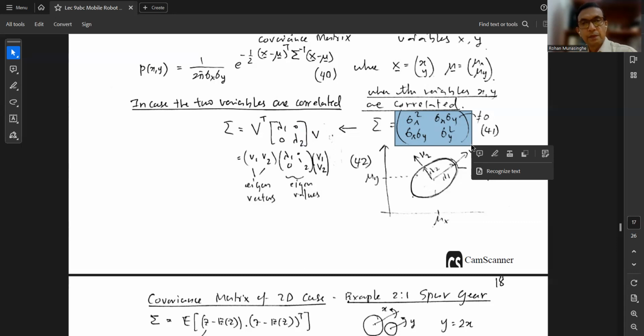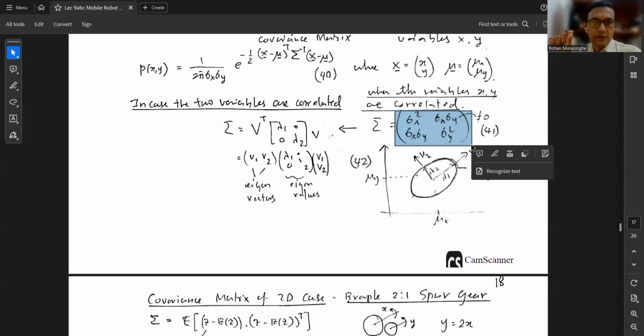And this is what is called the eigenvalue decomposition. You may have heard of it. The lambdas are the eigenvalues of the matrix sigma, and V are the eigenvectors for each of these eigenvalues.